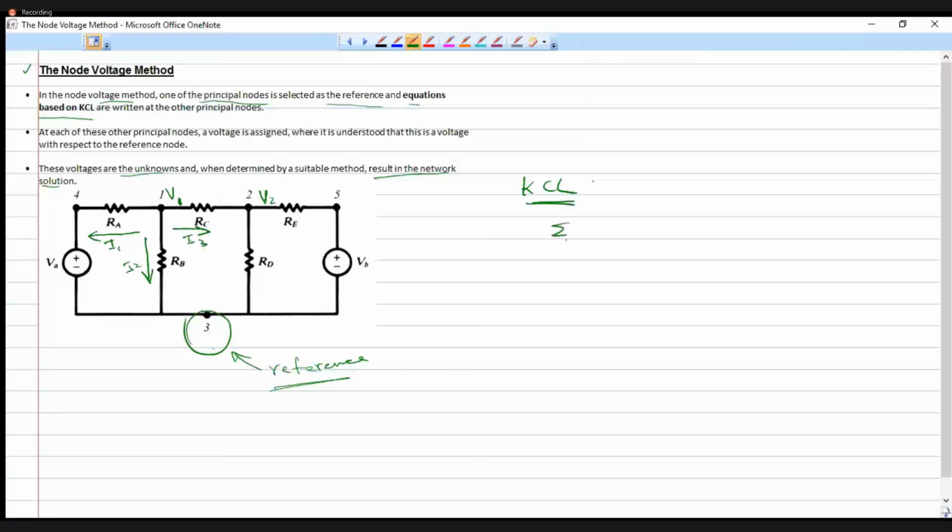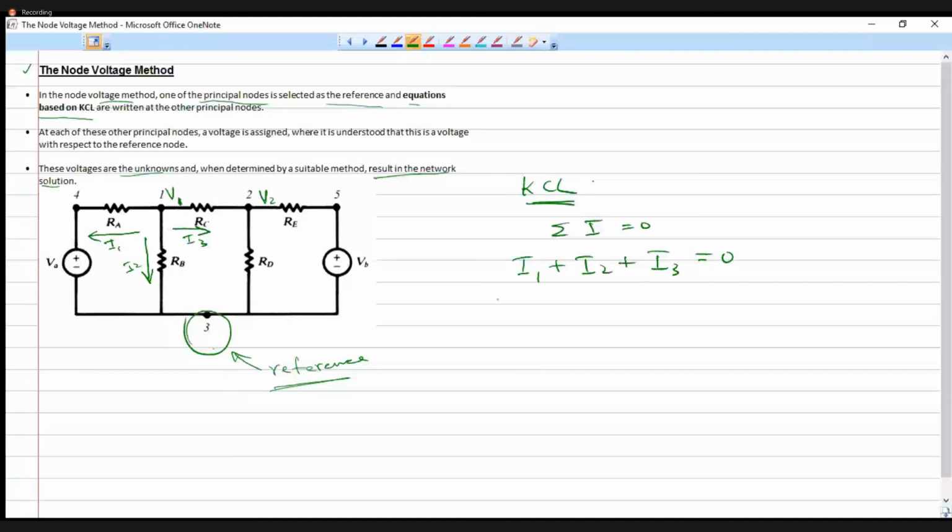KCL says that sigma I is equal to 0, or I1 plus I2 plus I3 is equal to 0, right?